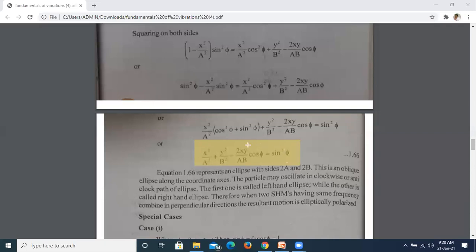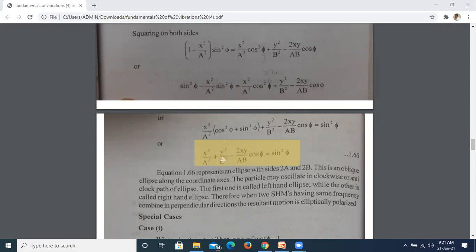This equation represents the resultant motion of the particle which is subjected to mutually perpendicular simple harmonic motions of different amplitudes. Already we started our discussion that one simple harmonic motion is along the x-axis with amplitude a, and another simple harmonic motion is along the y-axis with amplitude b.